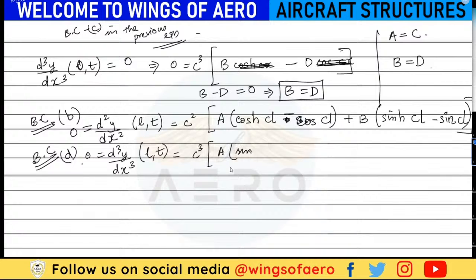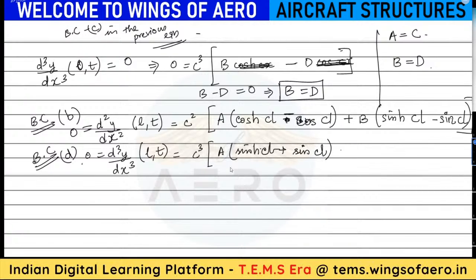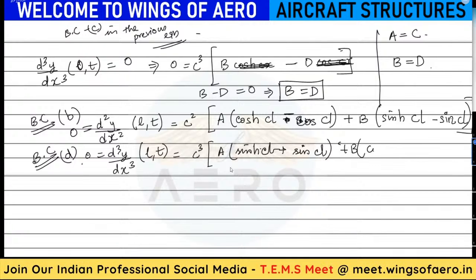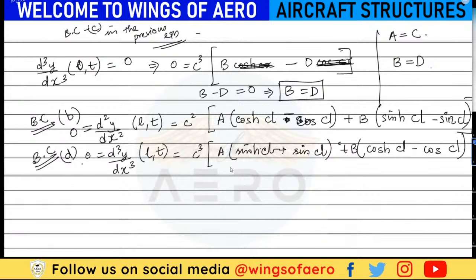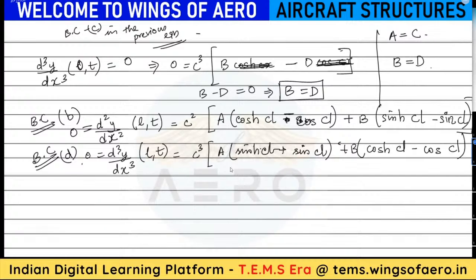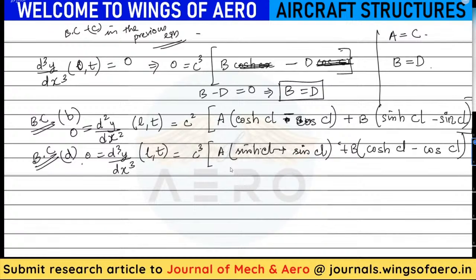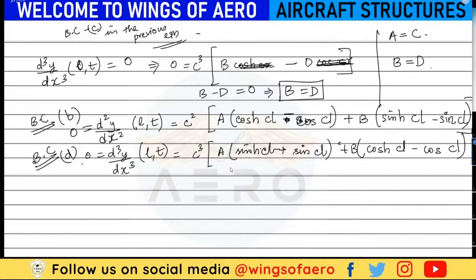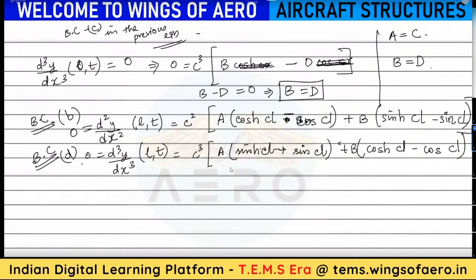So A sinh CL plus sin CL plus B cosh CL minus cos CL. Okay, you're getting the same.